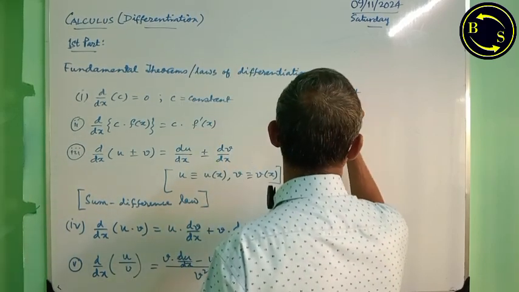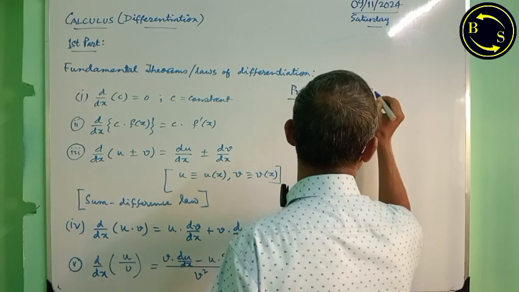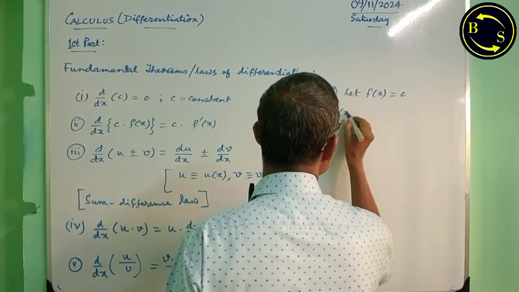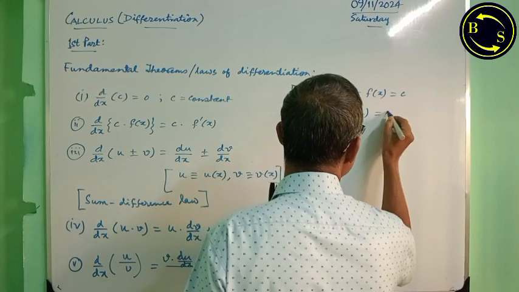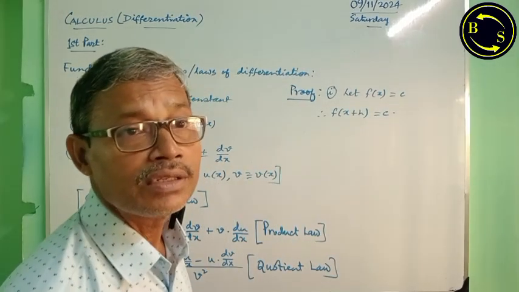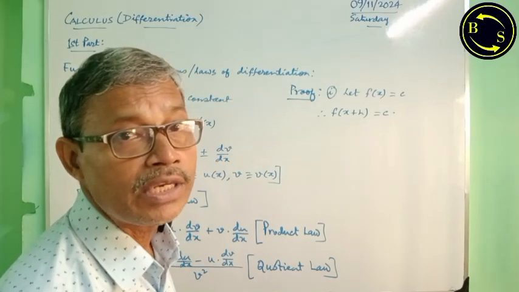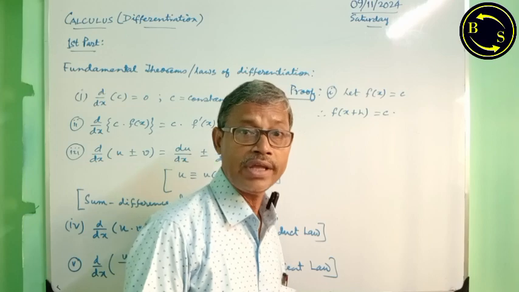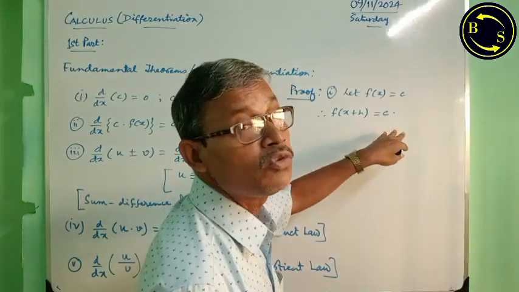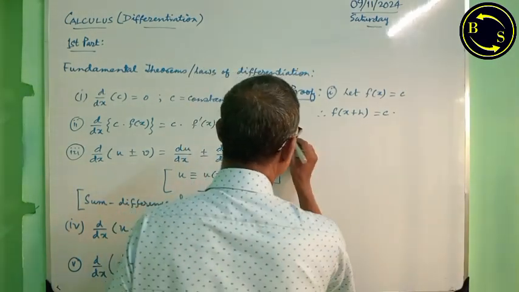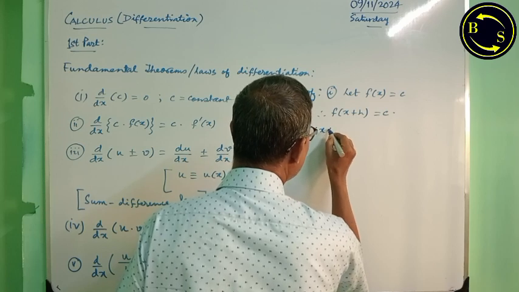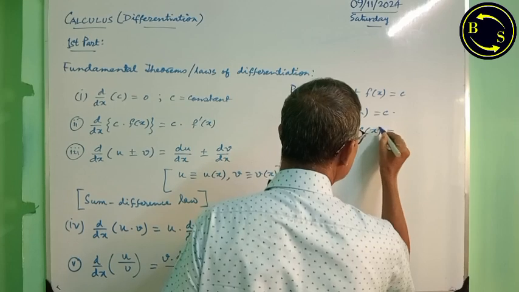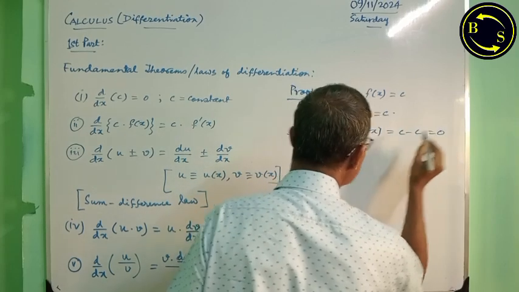Let first of all number 1, f(x) equal to c, therefore f(x plus h) will be c. Since c is constant, it is not depending on the independent variable x, therefore f(x plus h) will be equal to c. Therefore f(x plus h) minus f(x) will be equal to c minus c, which is equal to 0.